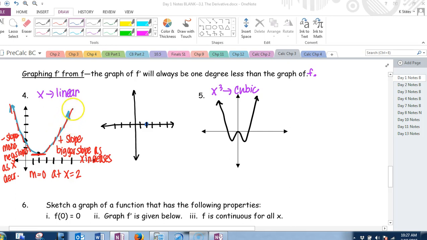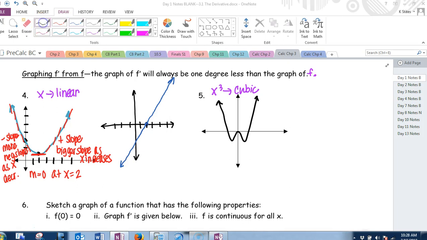As to the right of 2, the slope was positive, and as we went to the right further, the slope got bigger and bigger. Meaning you have a positive slope that's getting bigger and bigger as x goes to the right. Notice positive, meaning I have drawn this in the positives. Whereas when x is less than 2, the slope was negative. So now your slope is in the negatives.